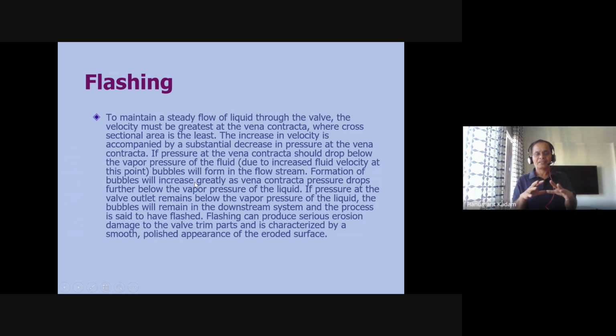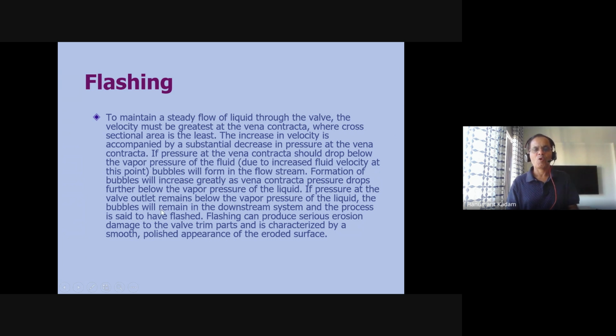I'm talking about inside the control valve body. Formation of bubbles increases greatly as the vena contracta pressure drops further below the vapor pressure of the liquid.